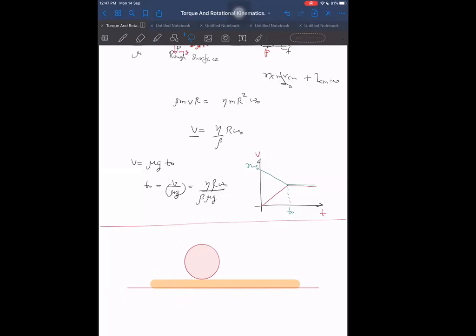Right now, I'm taking the condition when it is a smooth surface. Mu is 0. This is m, and this is r radius, and this is capital M, and of sufficient length. Somebody may think that pure rolling will not start, and this disk, or whatever this rolling body is, will fall from the plank. I am assuming it will never fall from the plank because the plank is very long. So assuming a long plank, is it okay?